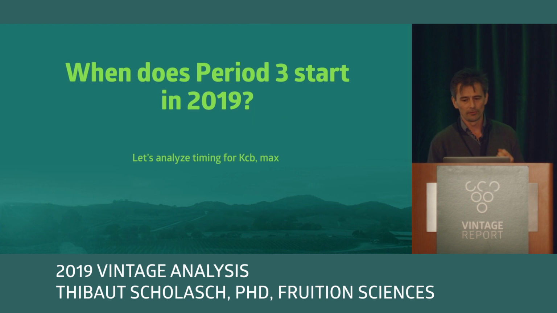And this leads me to a very important hallmark of 2019. We try to analyze when the plant stops investing its energy towards the building of more leaves. How do we do that? Well, we use the relative increase in vine transpiration for a given climatic demand.